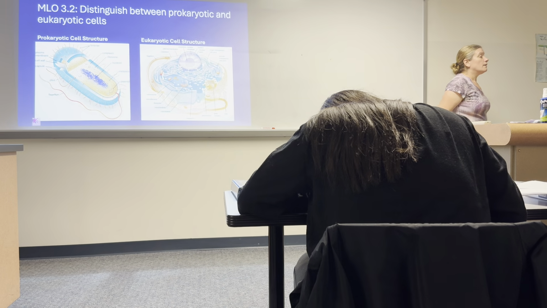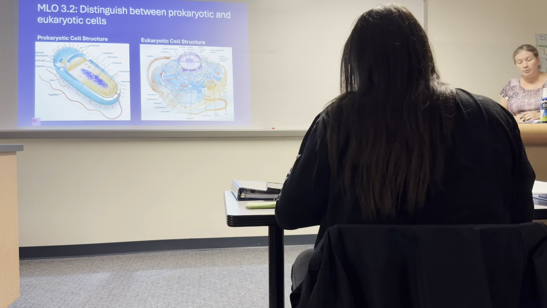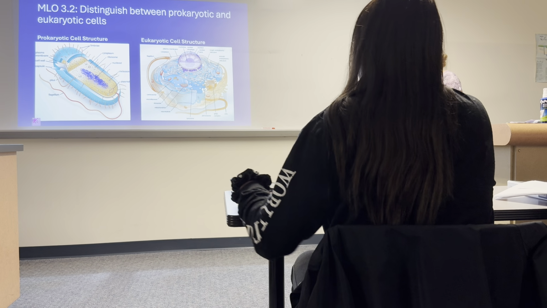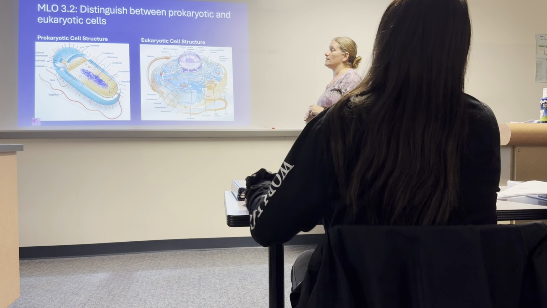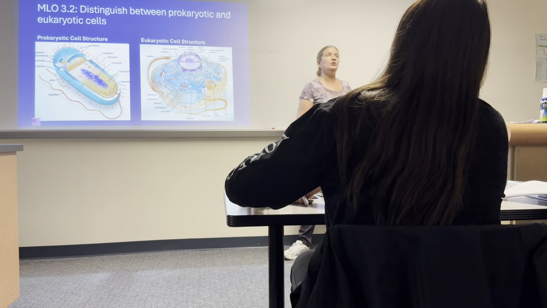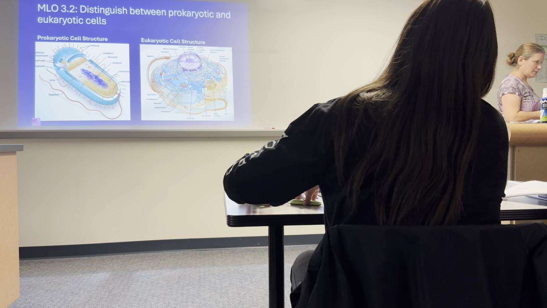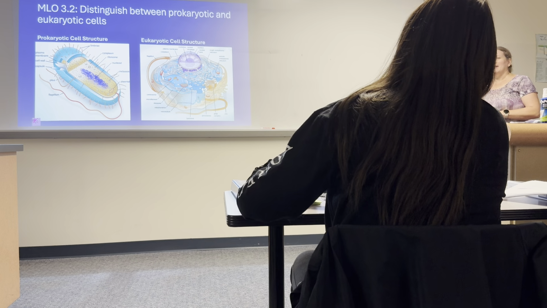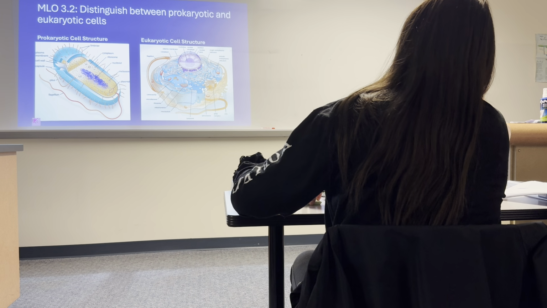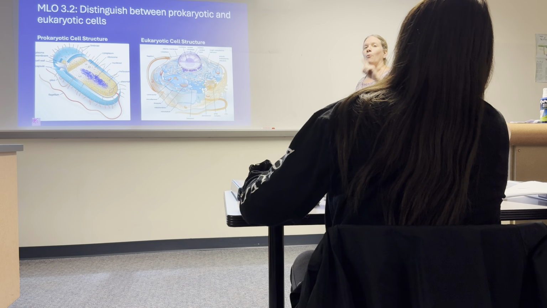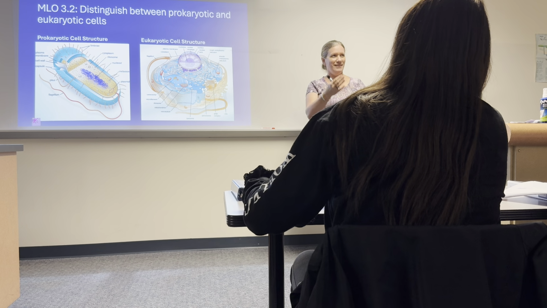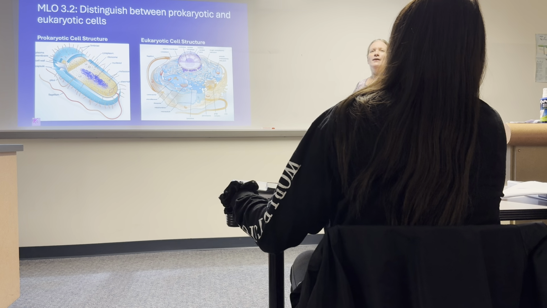All right, so distinguishing between a prokaryotic and eukaryotic cell. What is the difference between a prokaryotic cell versus a eukaryotic cell? What does a eukaryotic cell have that a prokaryotic cell does not have? Membrane-bound organelles. One of which is the nucleus, right?